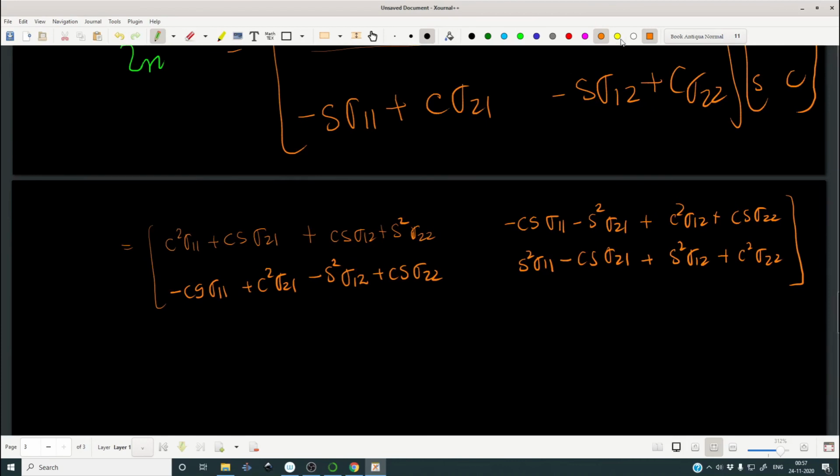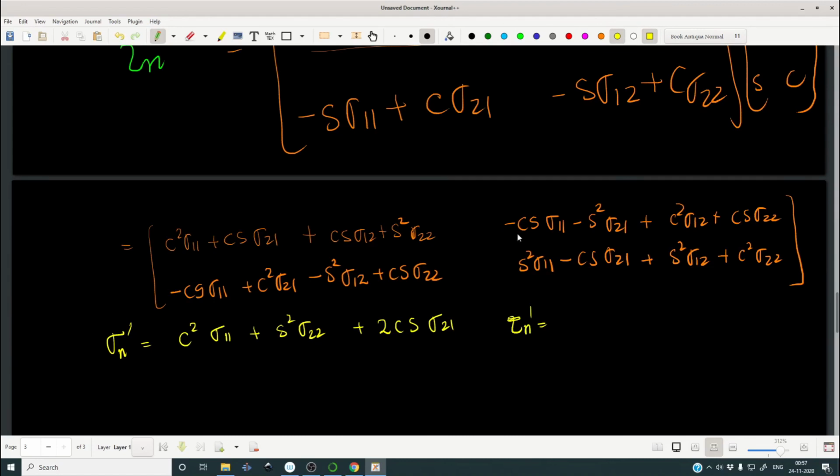So these are the components, and so sigma n prime that we have written is essentially C square sigma 1 1 plus S square sigma 2 2 plus, because we have selected sigma to be symmetric, sigma 2 1 and sigma 1 2 are equal. So this is 2 CS sigma 2 1. Tau n prime is equal to this term.